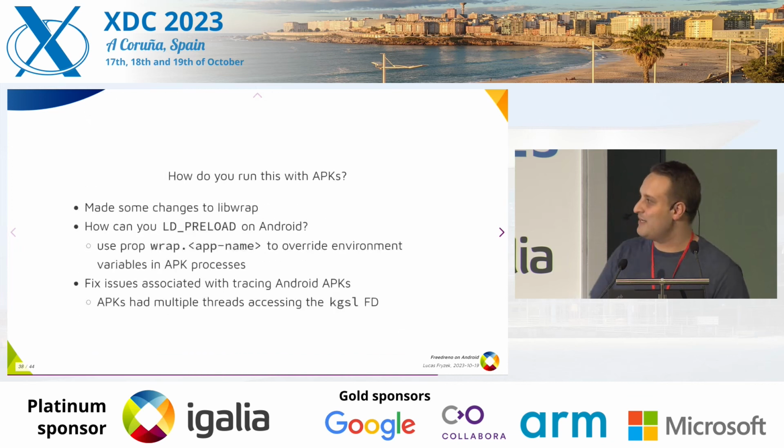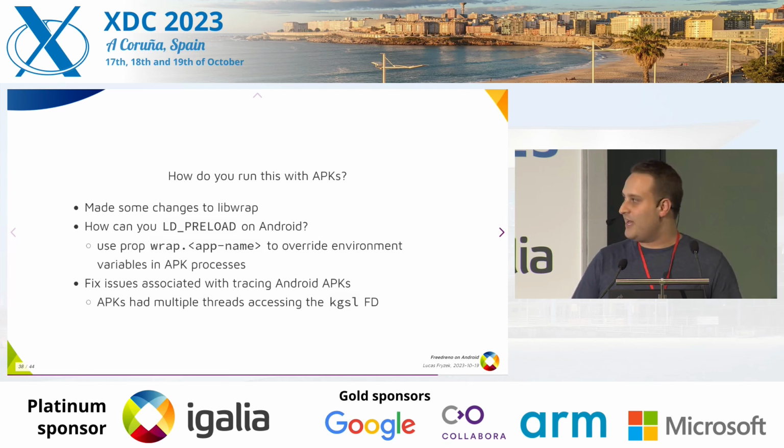So how do you actually make this work with APKs? Well, the first thing is trying to figure out how you can override system functions. There is actually a way on Android to set environment variables for applications that are being launched, and there's this wrap property that you can use. The Android launcher will use that to set environment variables when it itself launches processes.